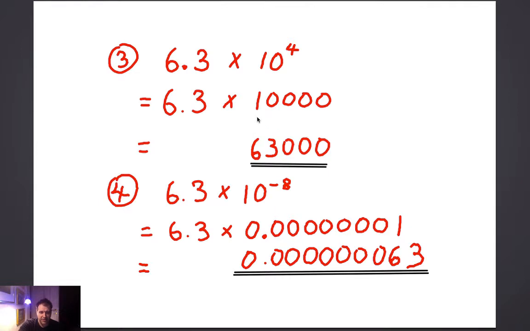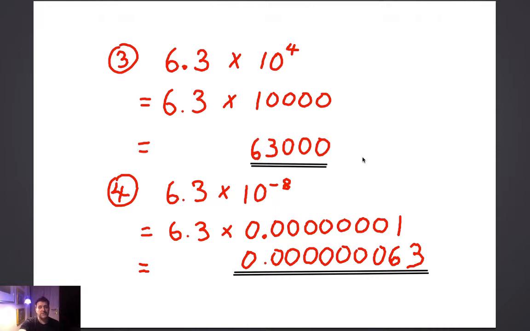And that's so that when I write it, I can see that my final answer, 63,000, is 6 and a bit times bigger than the number above it. So 10,000 has got a 1 in the first place, 63,000 has got a 6 in the first place. So I can see that 10,000 times about 6 gives me that number there. I can see it's 6 and a bit times as big.